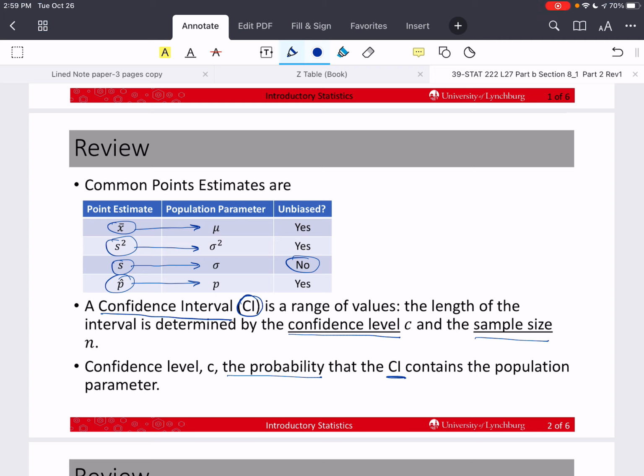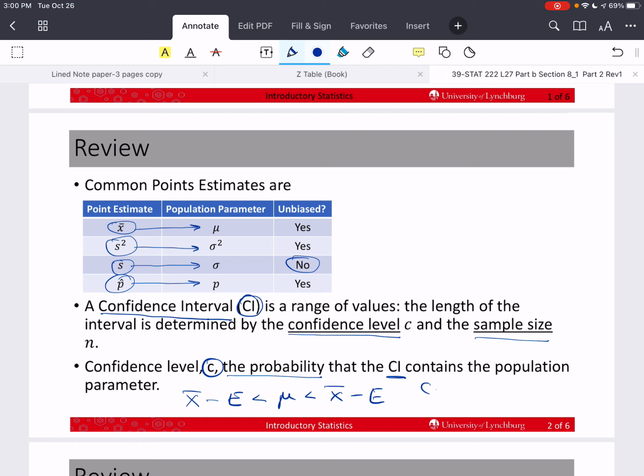Each time that we take a sample, we're going to get a different estimate of our statistic, our point estimate. So if it's X bar, every time we take a new sample, we get a new value of X bar. And since our confidence interval is X bar minus E, then we get a different confidence interval. And so the confidence level C tells us what proportion of the time our confidence interval will actually contain the population parameter.